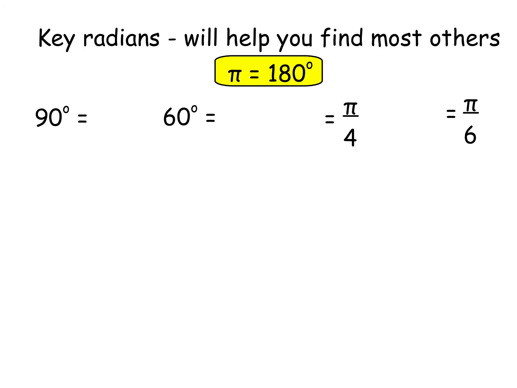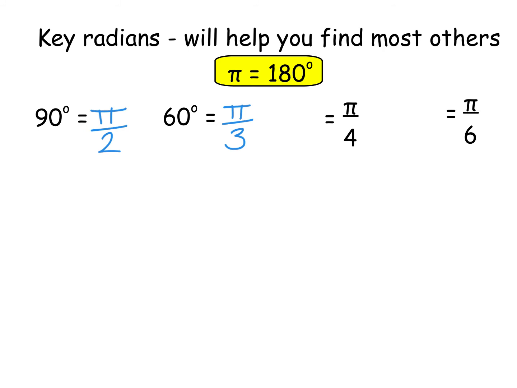So we already said that pi was 180. If I want to do 90 degrees, you should hopefully be able to say, well, 90 degrees is half of 180. So 90 degrees is half of pi, which you write as pi over 2, 180 divided by 2. 60 degrees, 3 lots of 60 go into 180, so that would be a third. So pi over 3.